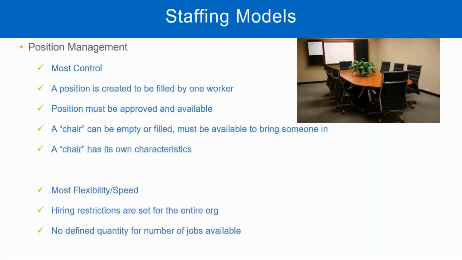What is the experience? You know everything. You define as much as possible up front. So indirectly, you are defining the characteristics of the chair. Right, and you know exactly the kind of person that is going to come in and occupy that particular chair. So this is position management. This gives you a lot of control.